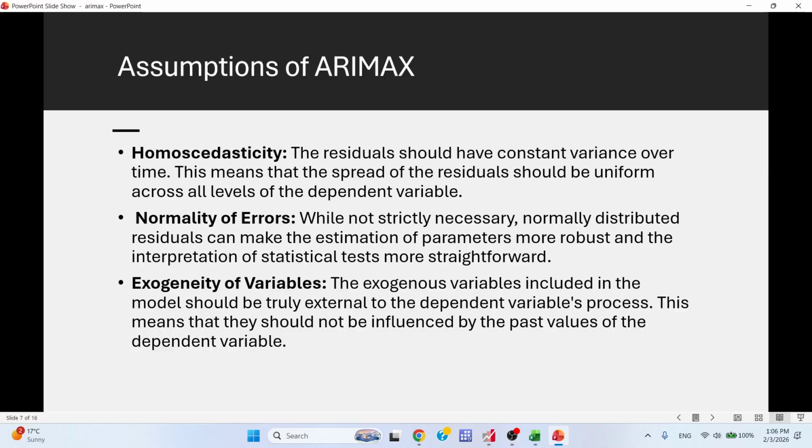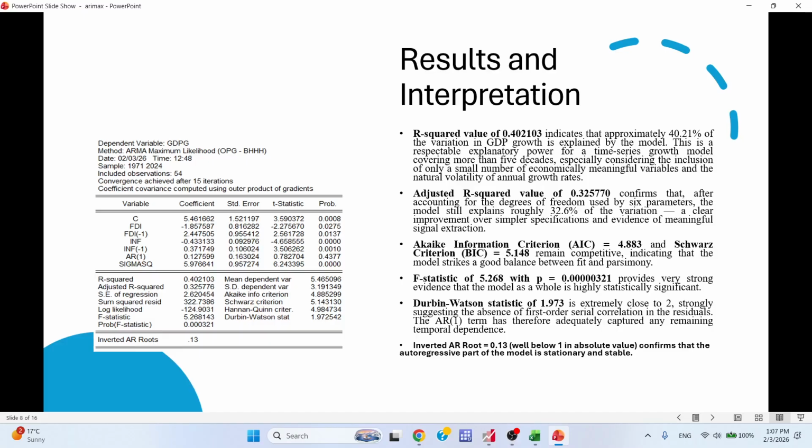Choose your IVs in such a way, by looking at the literature review and by applying some econometrics technique, to identify whether there is a relationship between your IV and the lagged term of your dependent variable. So now let's go to the EViews environment.